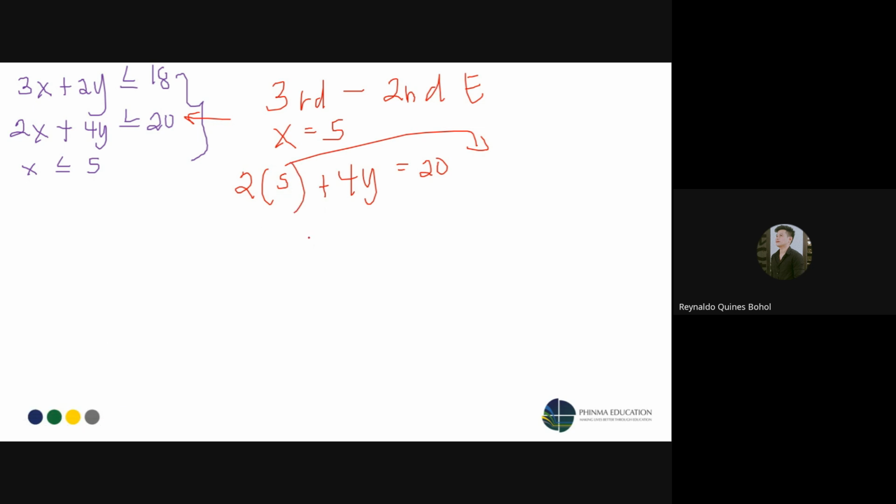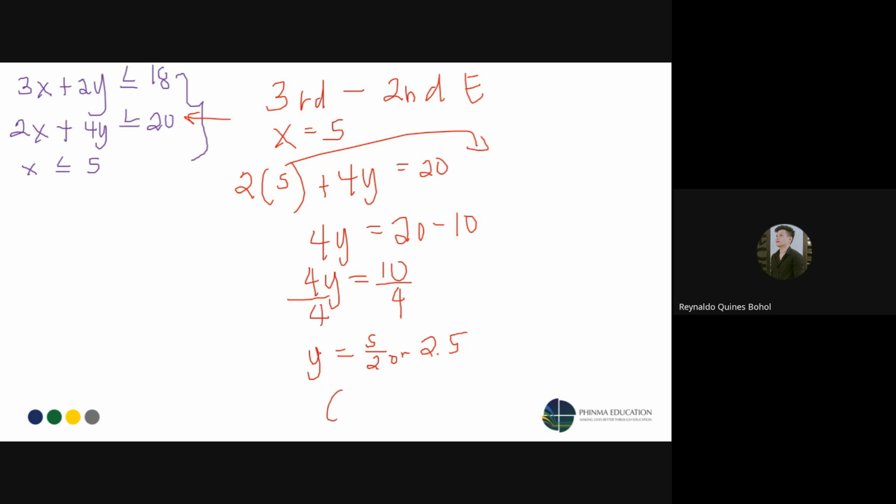Magiging 4y is equal to 20 minus 10. Then 4y is equal to 10. Divide natin sa 4. Pag divide mo sa 4 is 5 all over 2 or 2.5. So your x here is 5, and 2.5 for your y.